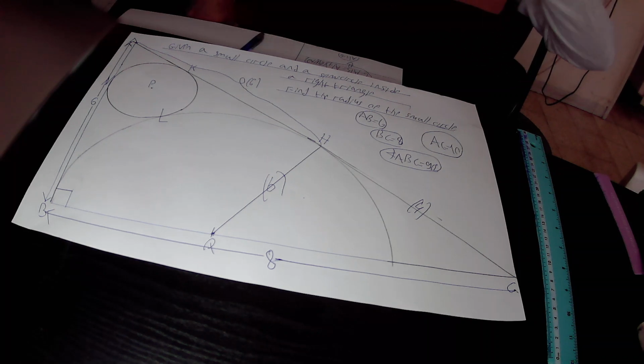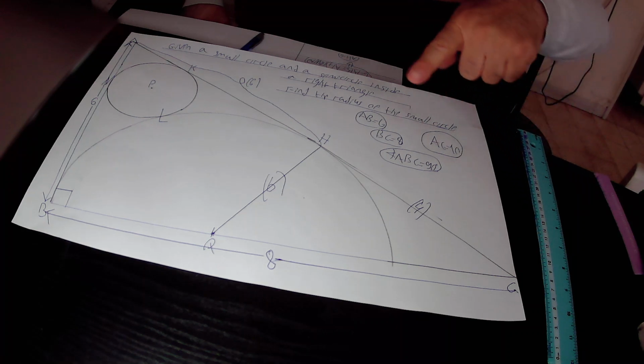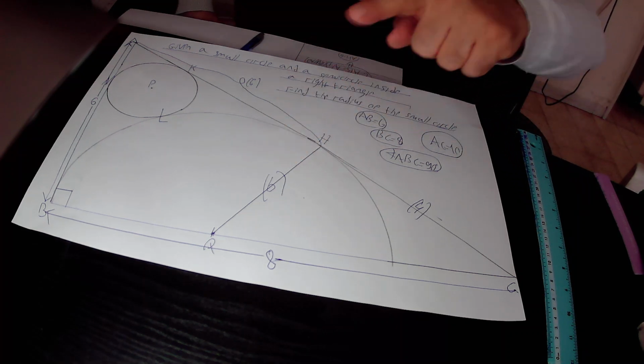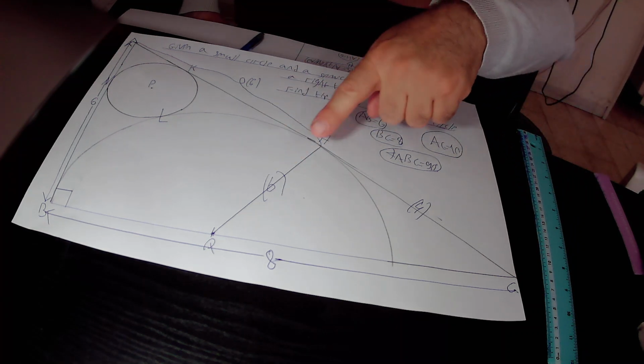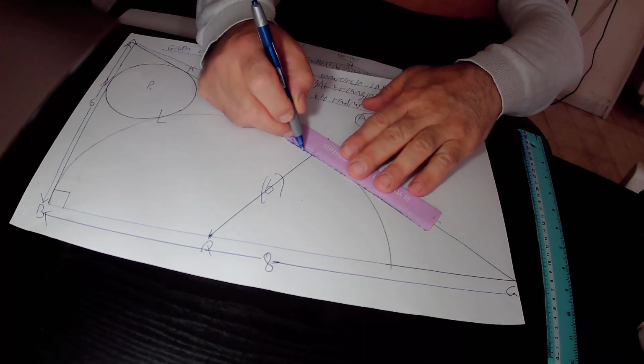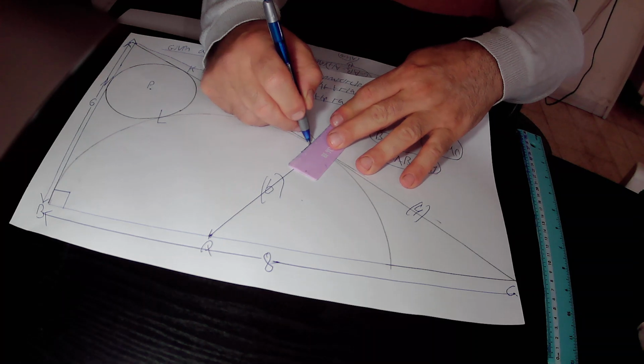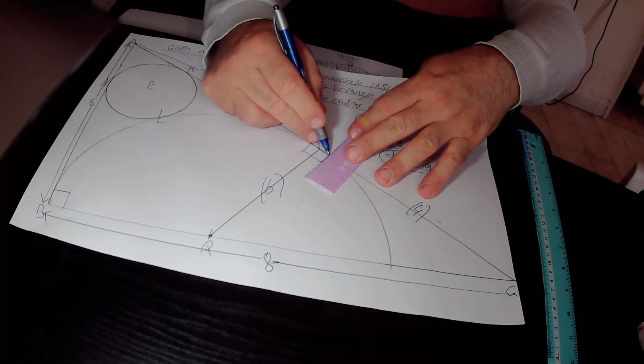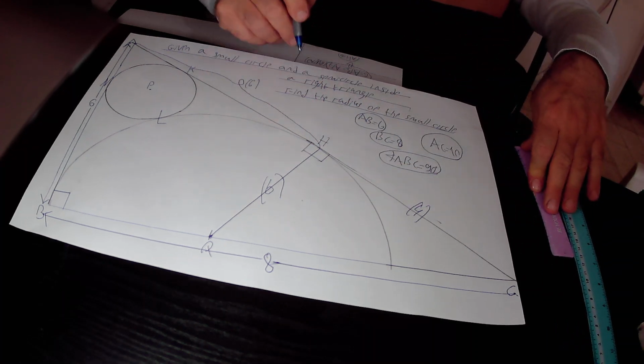Whenever a radius is drawn to the point of tangency, tangent AC will be perpendicular to the radius HQ. If AC is perpendicular to HQ, it means that this angle equals 90 degrees and this angle also equals 90 degrees according to rule 1.